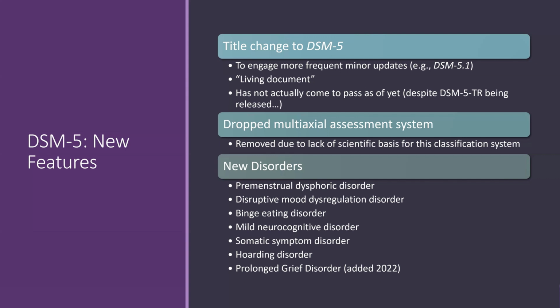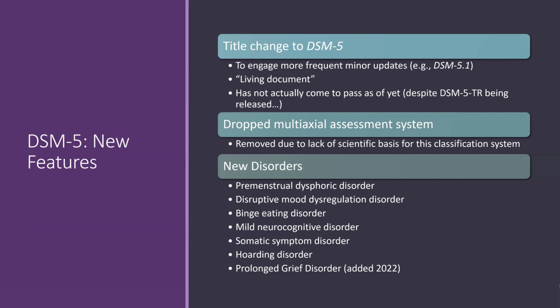We have disruptive mood dysregulation disorder, which was nicknamed as baby bipolar or bipolar disorder for kids. But it replaces some of the issues that came about with diagnosing bipolar disorder in children. So it's characterized by large mood swings, but it has its own characteristics specific to children in their developmental period. Binge eating disorder was new.